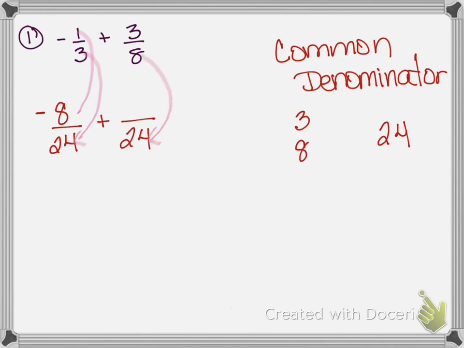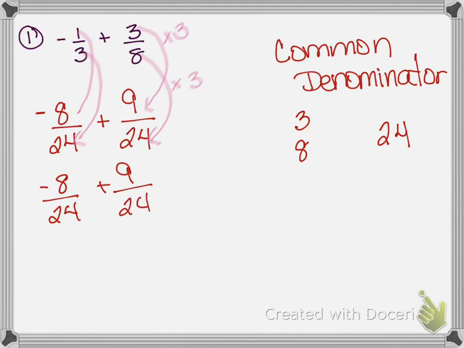The answer to that is 3. 8 times 3 gives me 24. So now I'm going to multiply this 3 times 3, and I'm going to have 9. Then I have negative 8 over 24 plus 9 over 24. I'm going to keep my 24. Negative 8 and positive 9 is positive 1. So this is my answer to number 1.